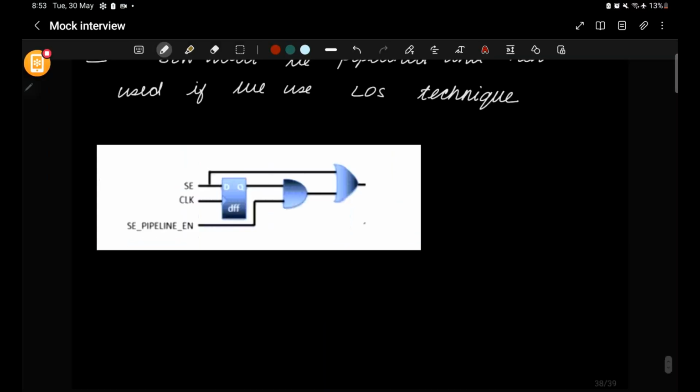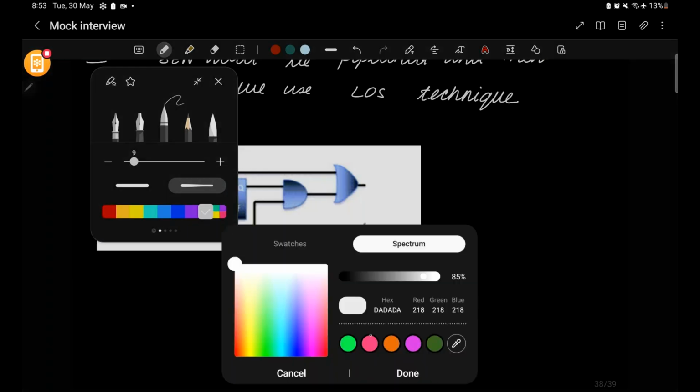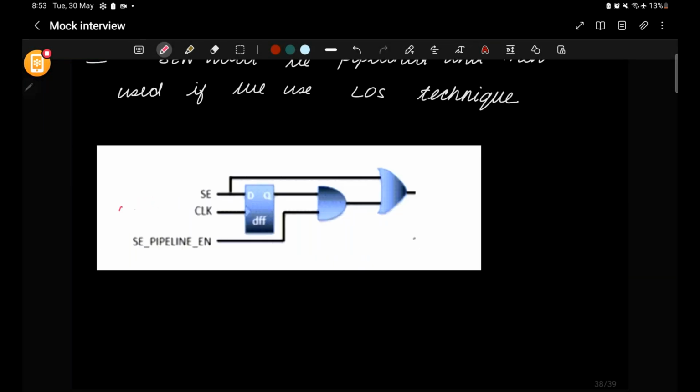So this is what a pipeline scan enable structure is. This clock, whatever you are able to see here, that is the OCC output, and this SC pipeline enable is the control signal. It will be controlled using TDR, and this will be equal to 1.